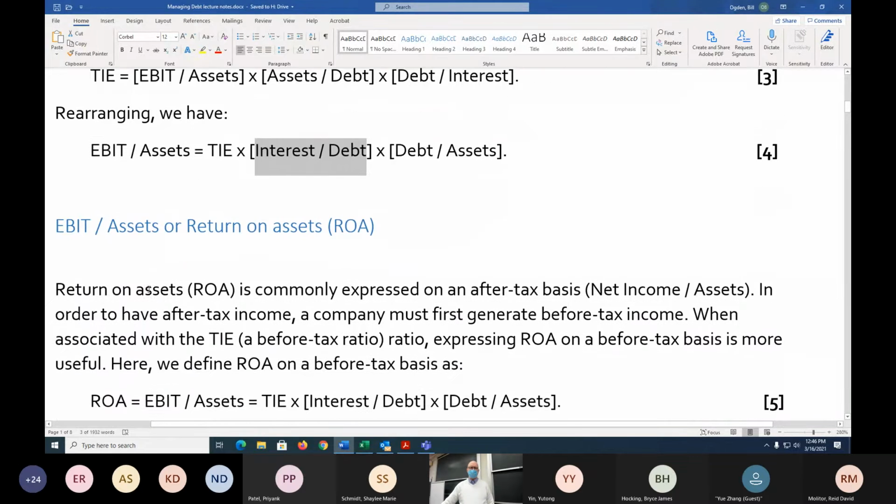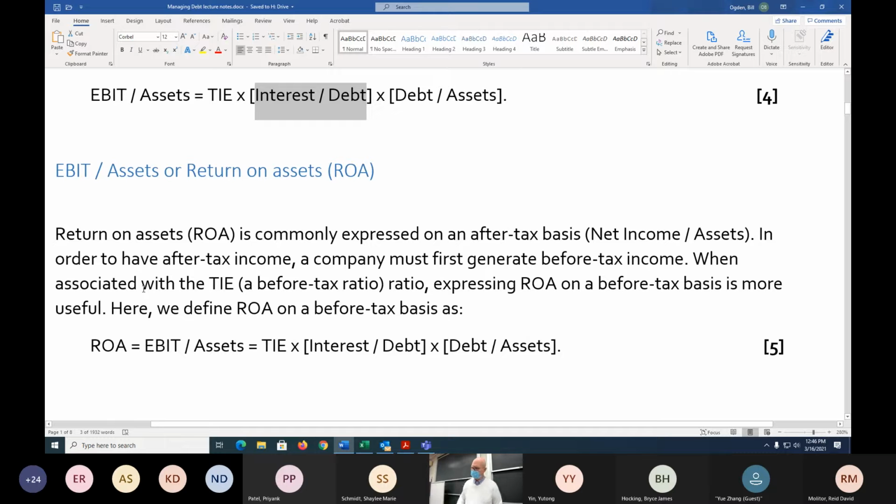All right, if I asked you on a 201 exam, how do we measure ROA? On a 202 exam, the correct answer would be net income divided by assets. Return on equity is net income divided by equity. So return on is normally expressed as net income, right? But it can be expressed as a before tax income.